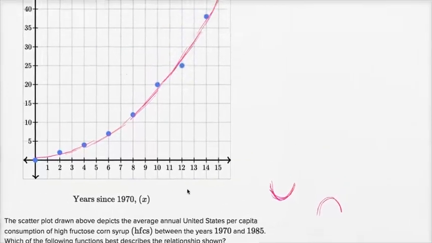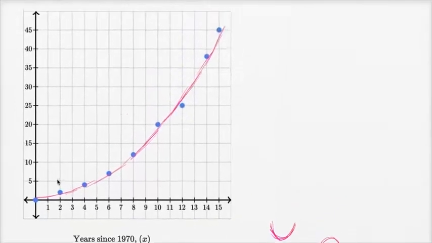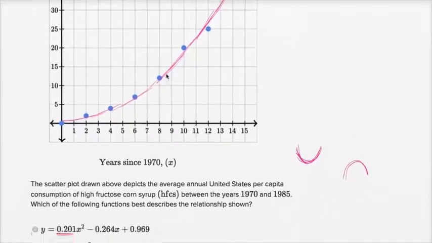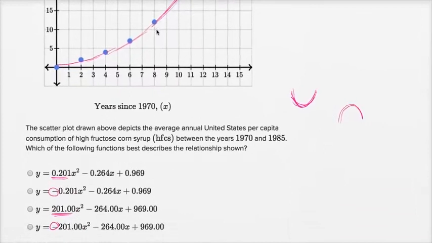And what we have here clearly looks like the right half of an upward opening parabola. So we could rule out the ones that would be downward opening, the ones that have a negative coefficient on the second degree term. So let's rule those out right over here.